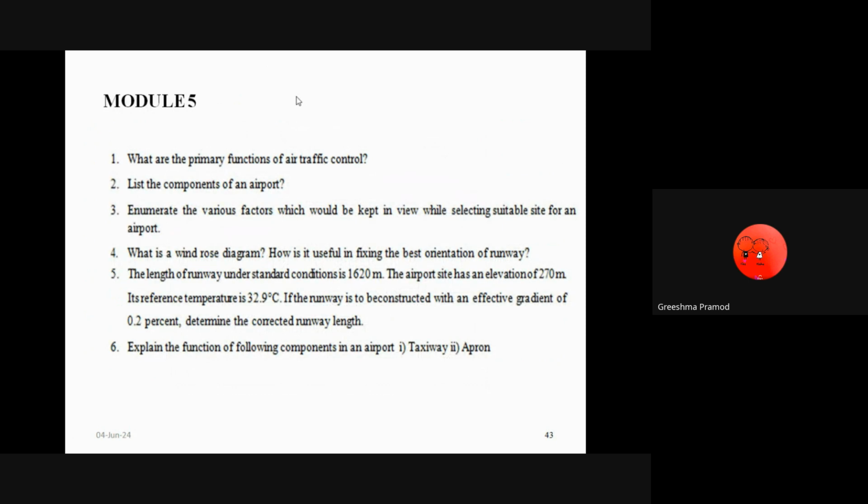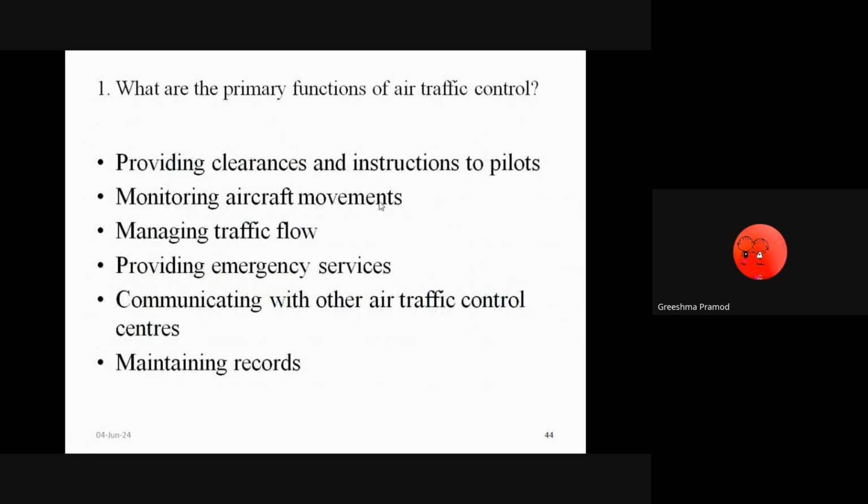And from module 5: What are the primary functions of air traffic control? List the components of an airport. What are the factors to be considered while selecting a suitable site for an airport? We'll discuss one. What are the primary functions of air traffic control? Air traffic control is not specifically mentioned in your syllabus, but this was asked in your exam.